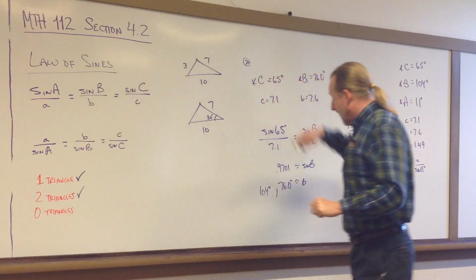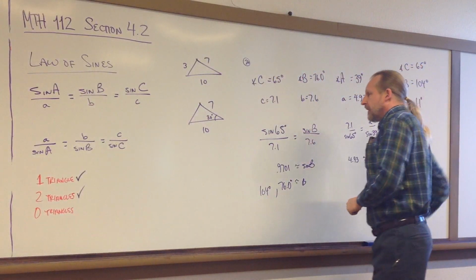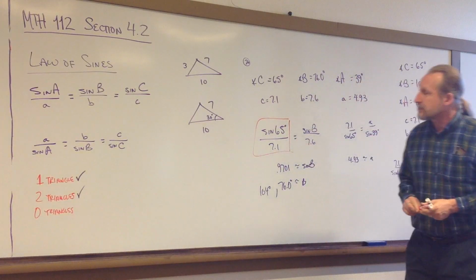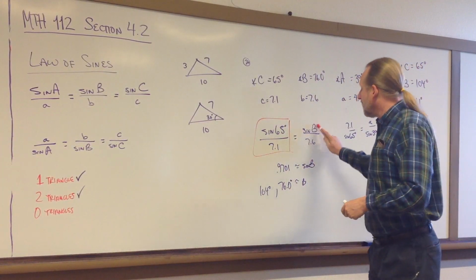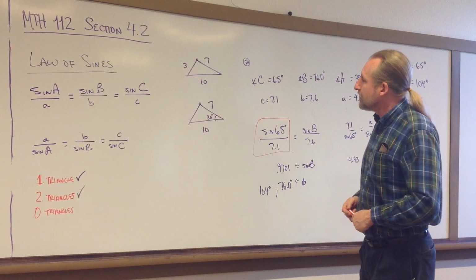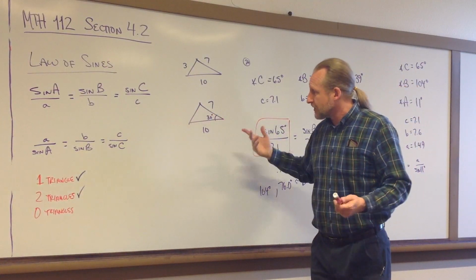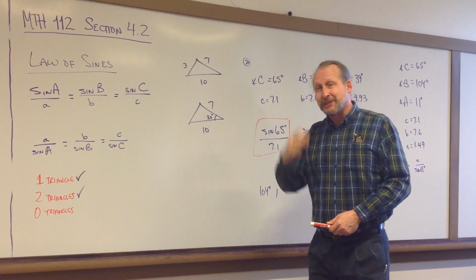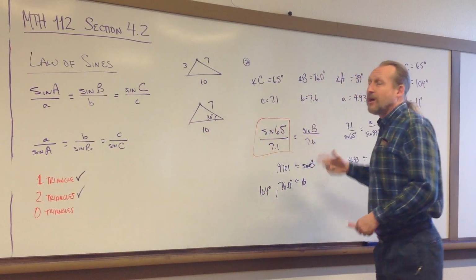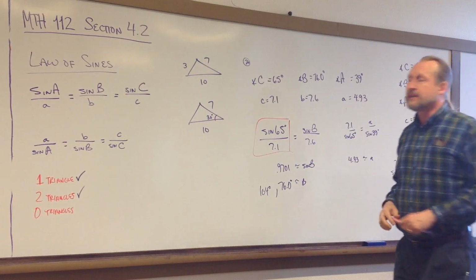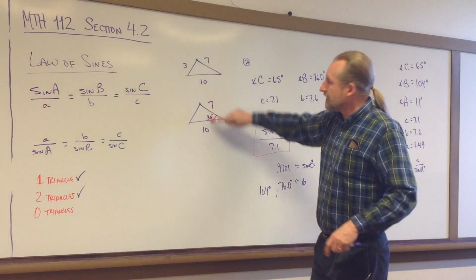Notice in all of these problems, I'm starting with a complete ratio where we know both the angle and the side. Okay, and that'll allow us to solve for the unknown piece that we're looking for. Here, we don't have a complete ratio. We would have two missing pieces rather than just one, and so it would be difficult to solve for that. And the law of cosines is really helpful in both of these situations.